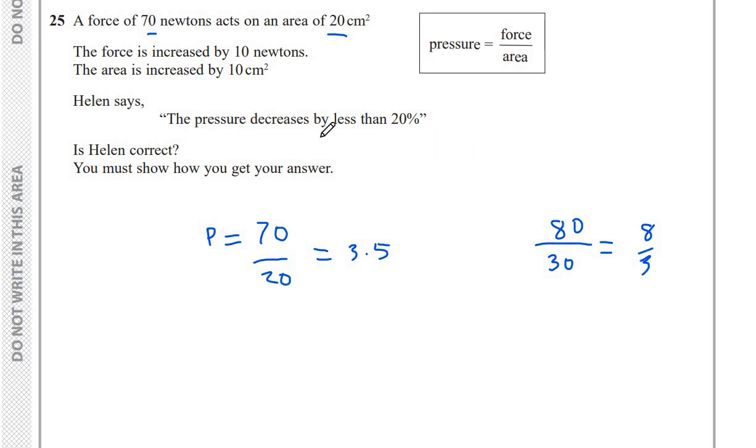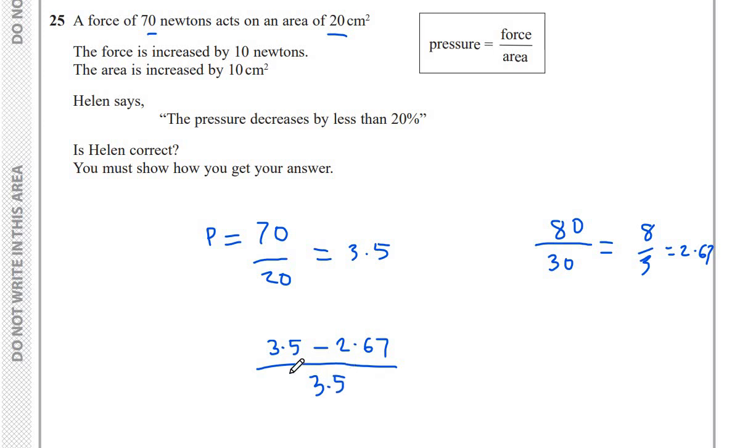Now, what is the decrease of pressure as a percentage? So, let's see. 3.5 was the original pressure. Now the pressure is 8 divided by 3. Now 8 divided by 3, how much is that? 2.6667. So that is the decrease in pressure, and the original pressure was 3.5.